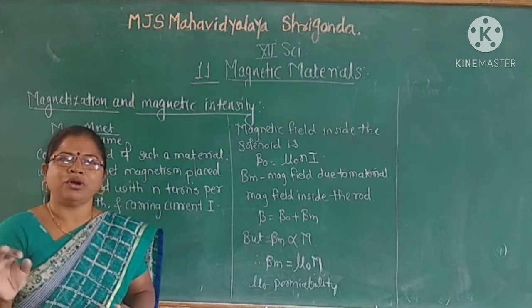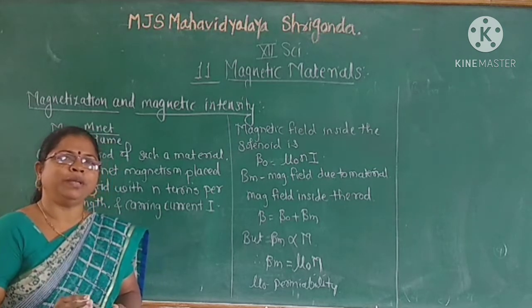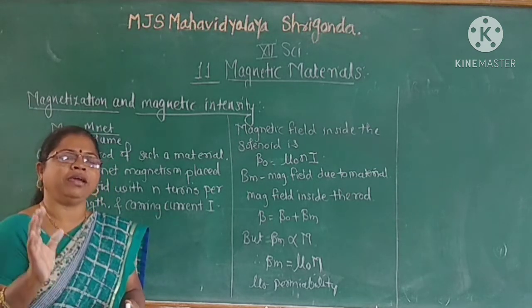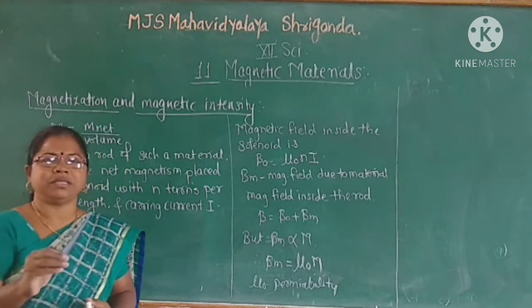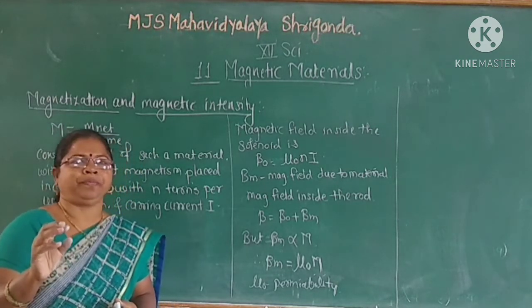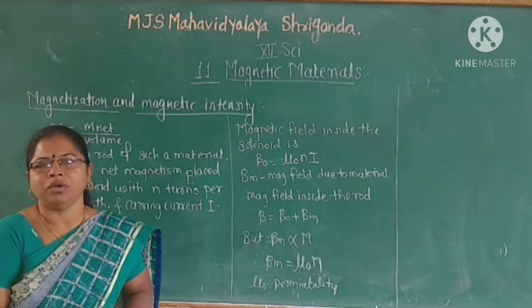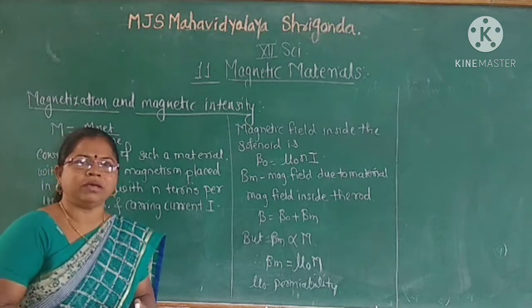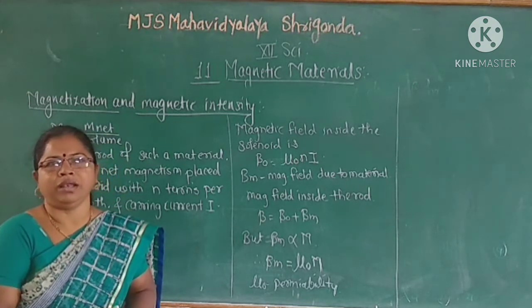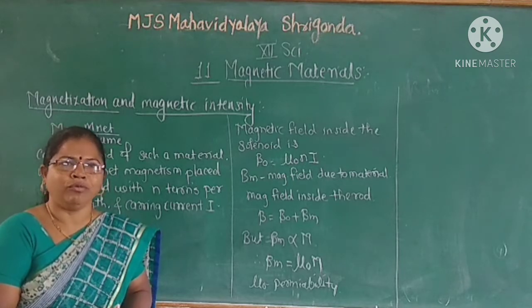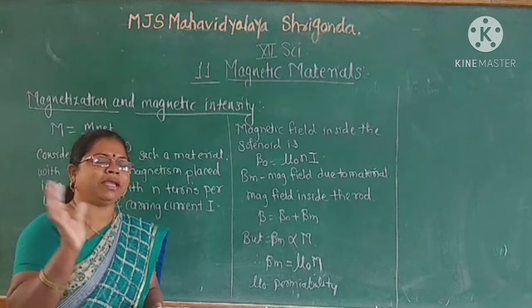In bulk materials generally the net magnetic moment is 0, but in some cases, for example Fe3O4 or chlorine 17, the last orbit is not fulfilled. Therefore there is a net magnetic moment.